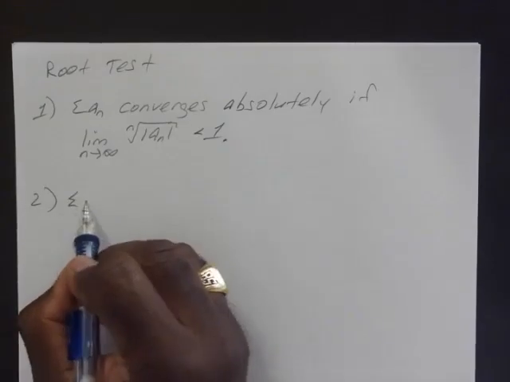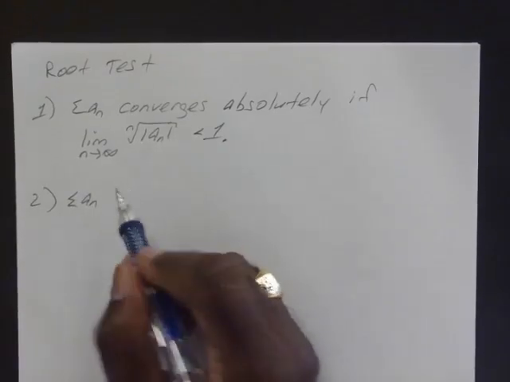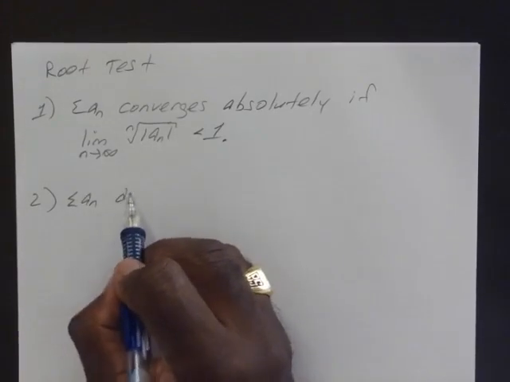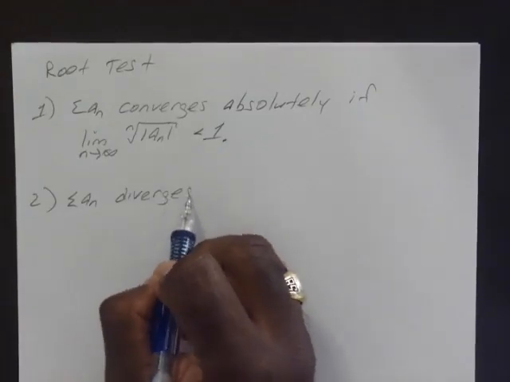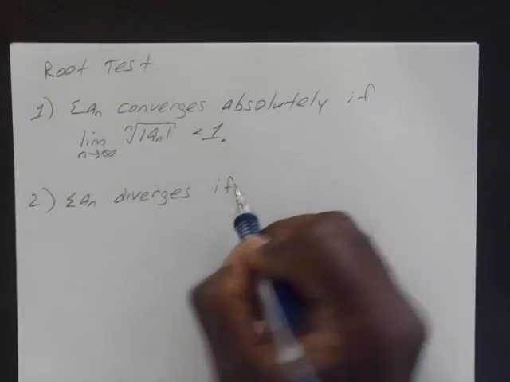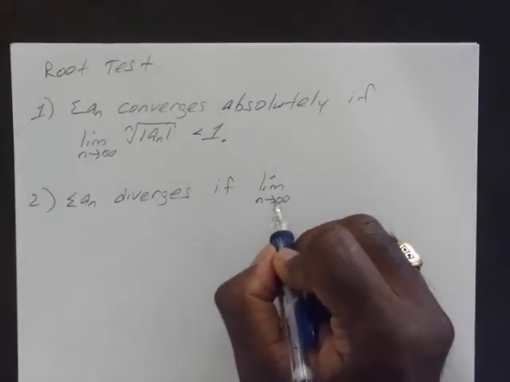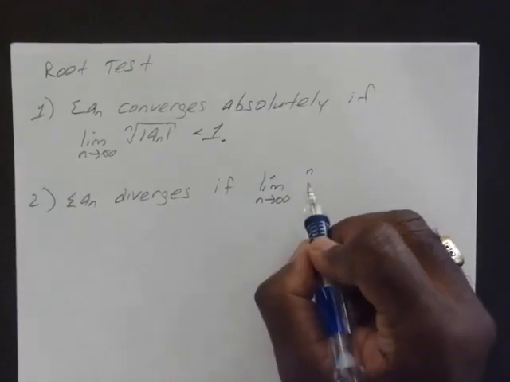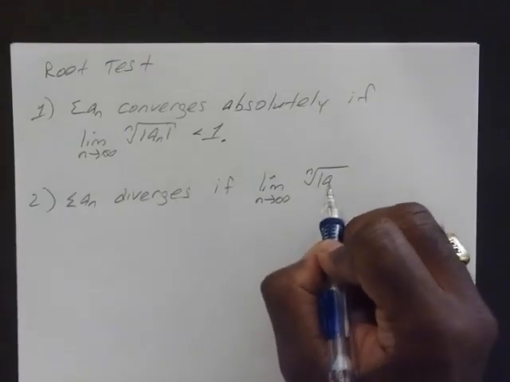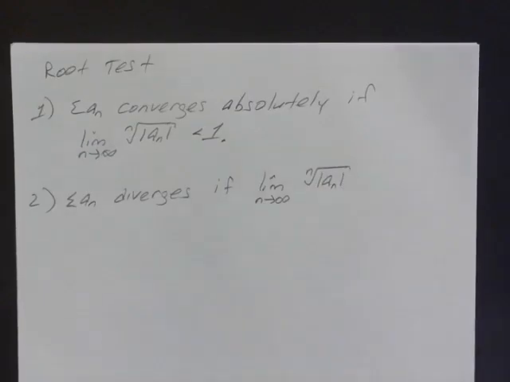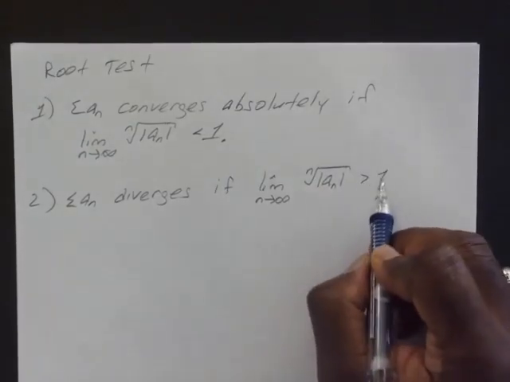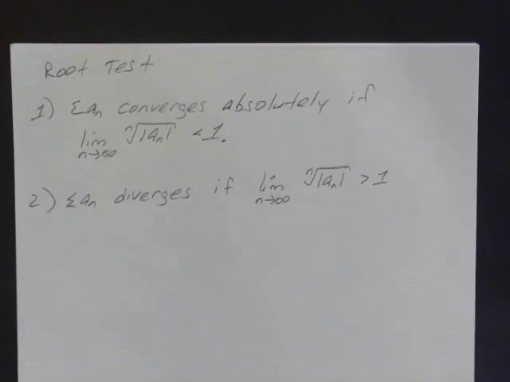Or we know that the series diverges if the limit as n approaches infinity of the nth root of the absolute value of your a sub n is greater than 1, or infinity.